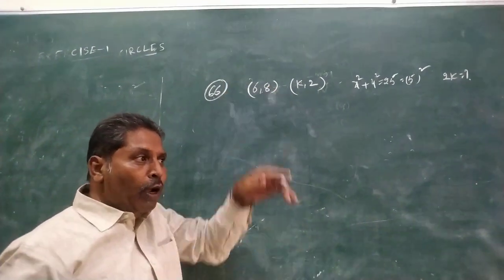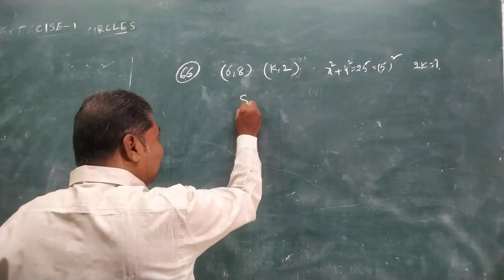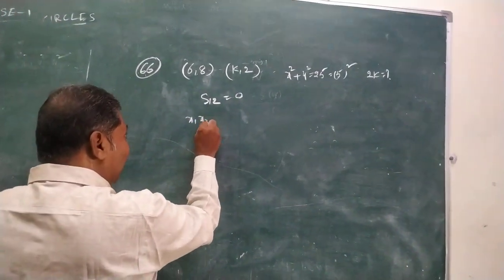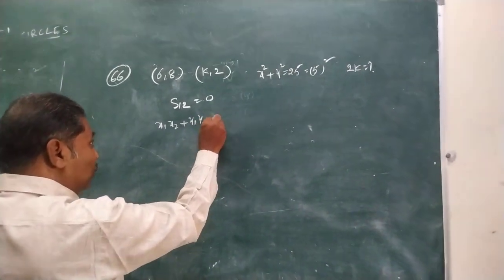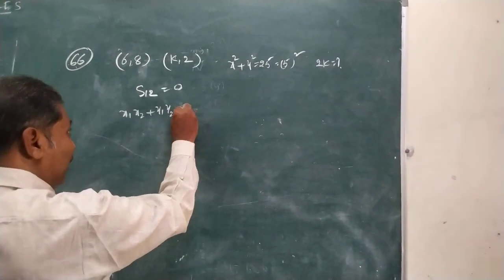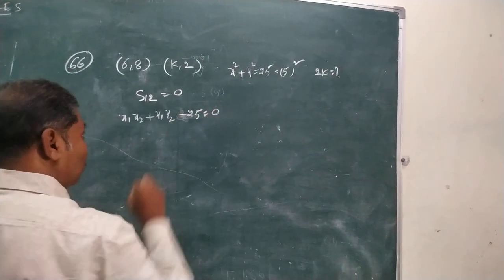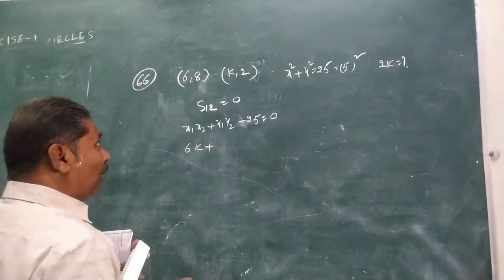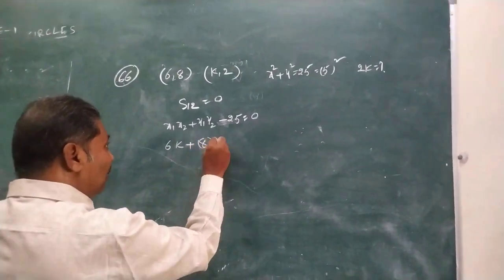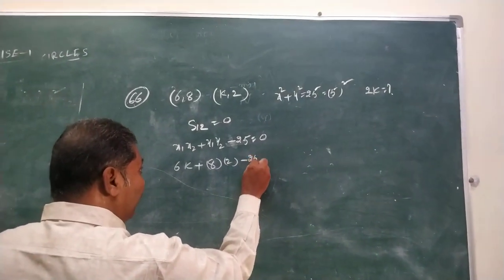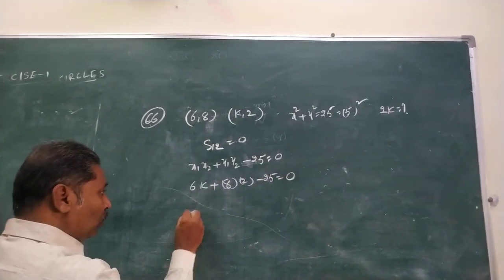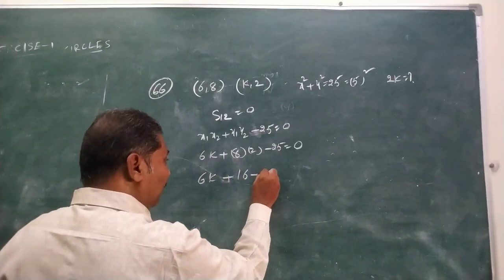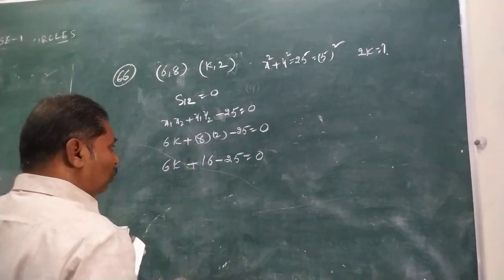So conjugate points condition is S12 equal to 0, x1 x2 plus y1 y2 minus 25 equal to 0. x1 value 6 into x2 value k, 8 into 2, minus 25 equal to 0. 6k plus 16 minus 25 equal to 0.